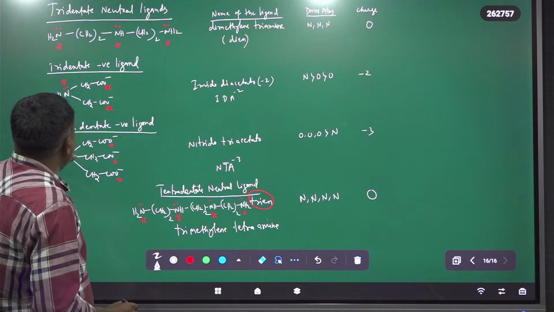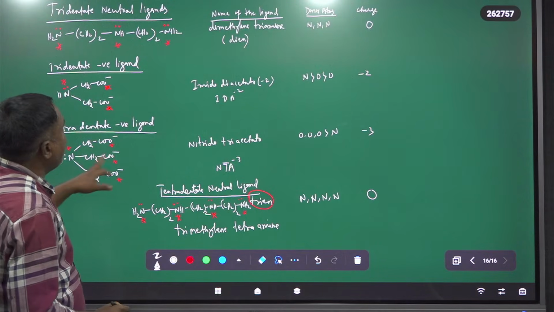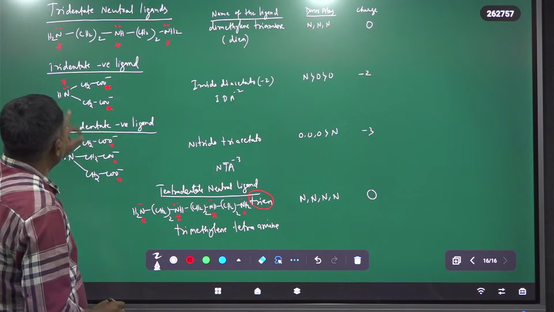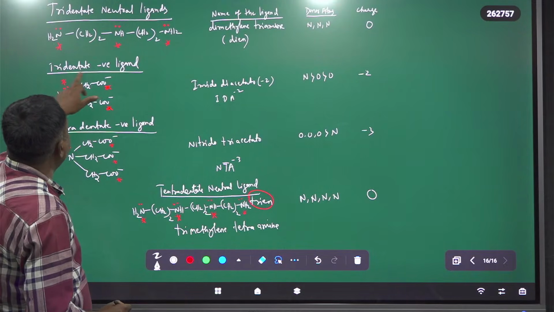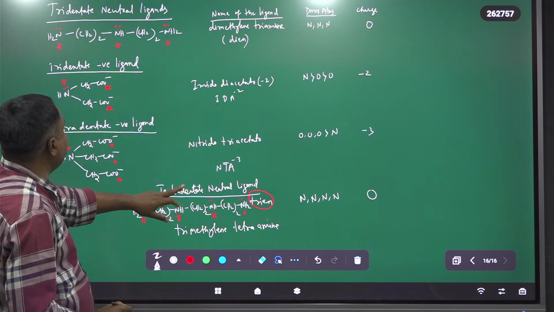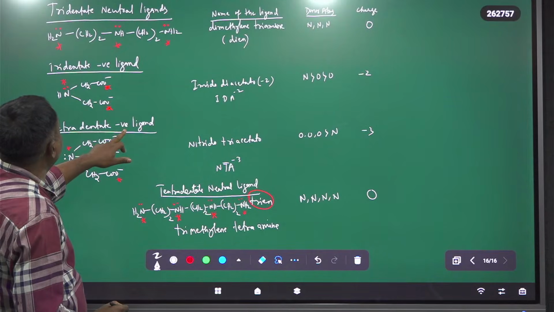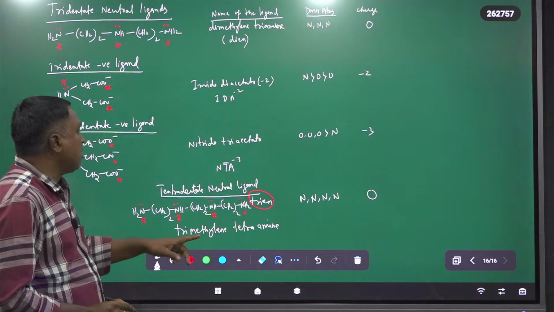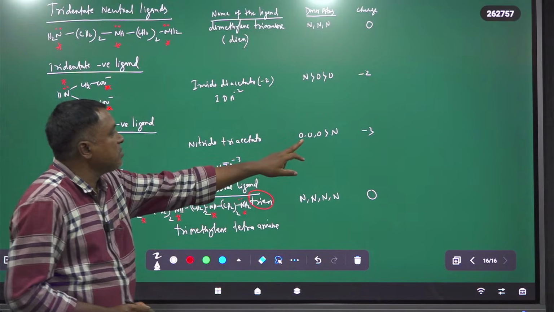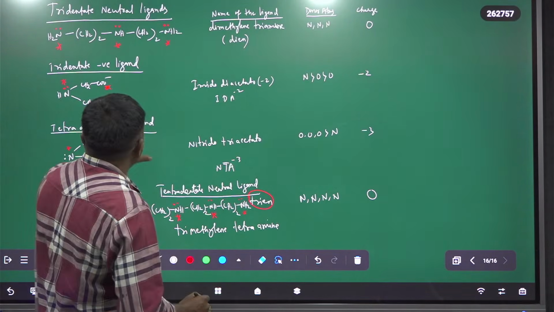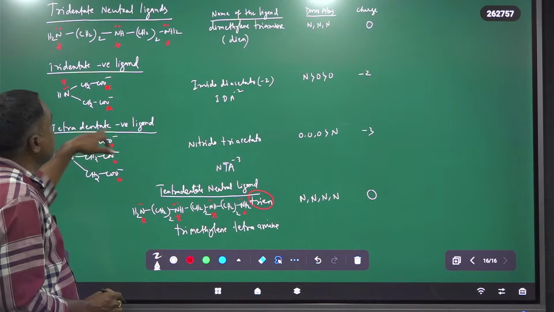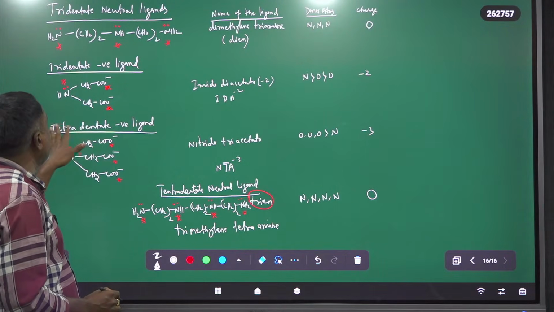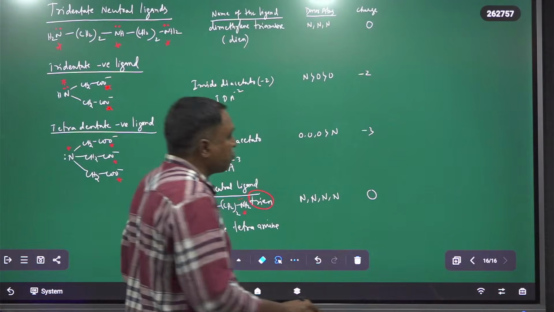So coming to the tetradentate negative, this is nitrilotriacetato. This is the tridentate, but this is the tetradentate neutral. This is the tetradentate negative. There are 4 donor atoms, and in this one negative charge is there. That's why this falls under the tetradentate negative ligands.